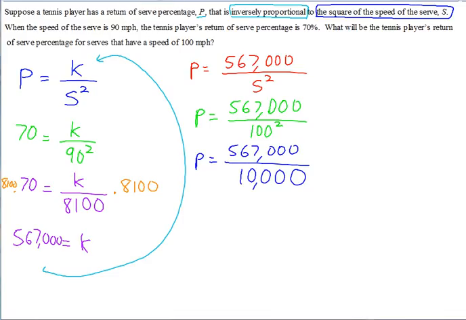You can use your calculator if you want to, but it's not really necessary here. You can see the zeros divided by the zeros, we knocked off all the zeros. And we've got 567 divided by 10. Well, divided by 10 just moves the decimal point one place. So the return of serve percentage would be 56.7%.